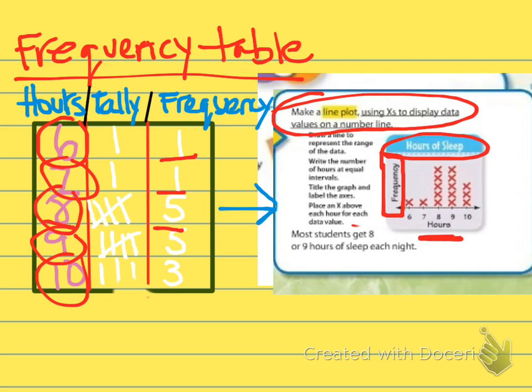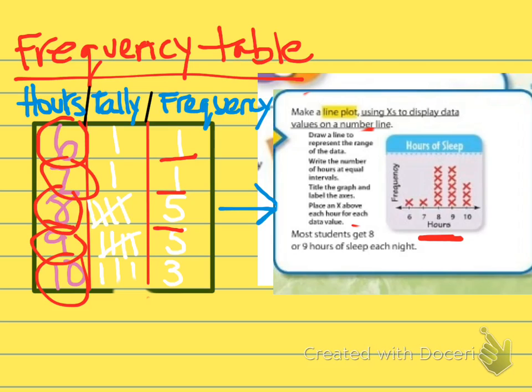Okay, by looking at this line plot, let me erase all this so it's not so busy. Just by looking at it visually, we could see that most students are getting 8 to 9 hours of sleep every night. That's what we concluded based on the line plot information.